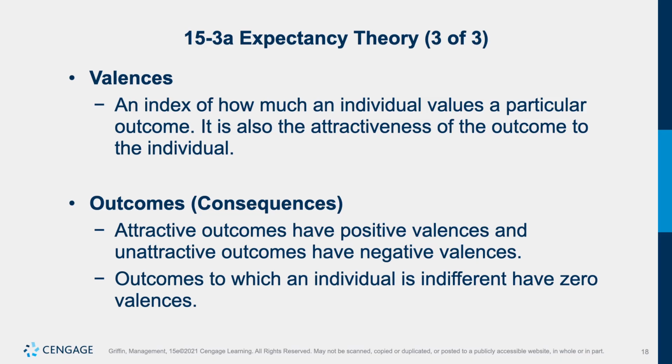The valence is 0 if the student is indifferent, if they care less about the $1 or about coming to the front to get the reward. But for motivated behavior to occur, the sum of the valences for the outcomes must be greater than 0, meaning it has to be positive for motivation to occur.